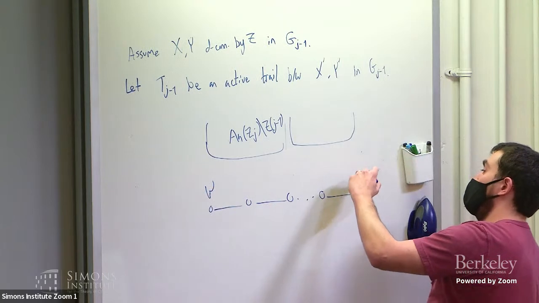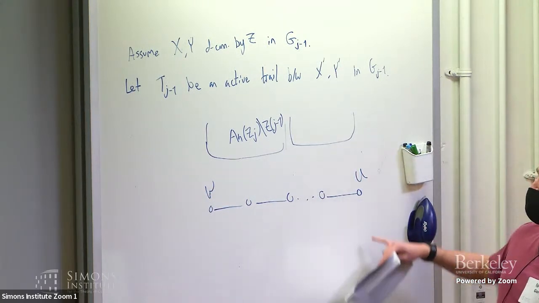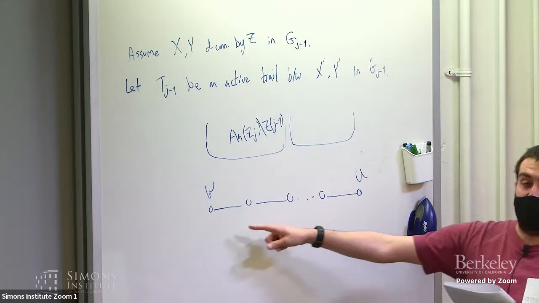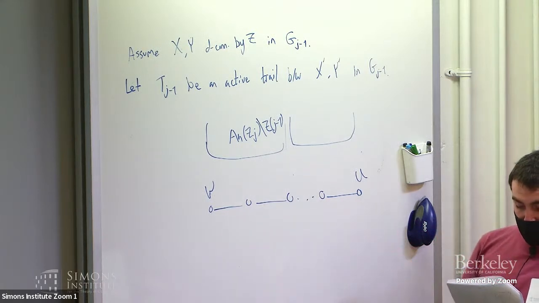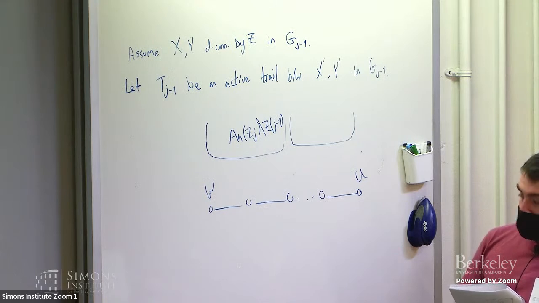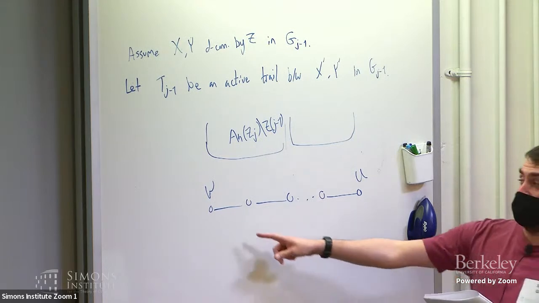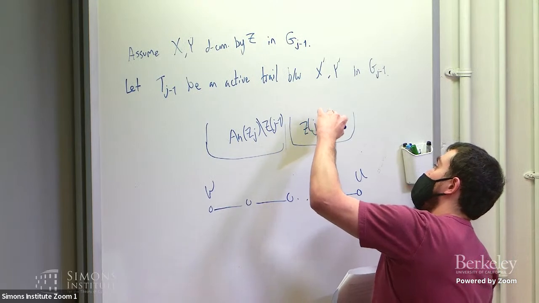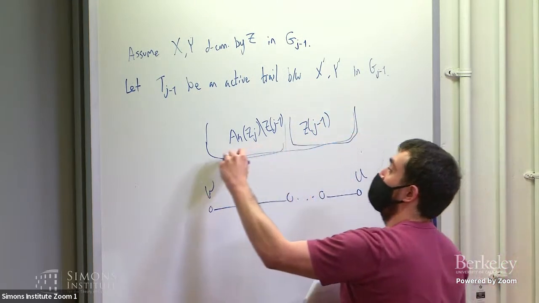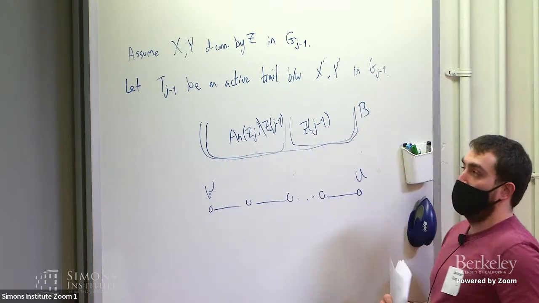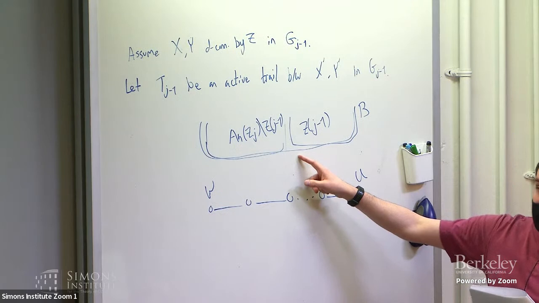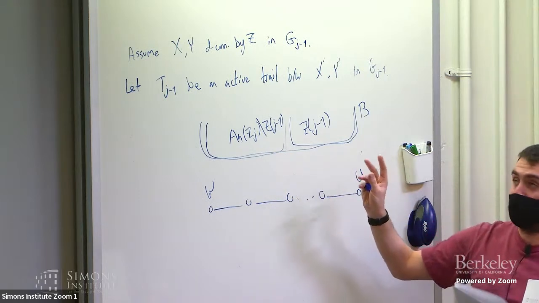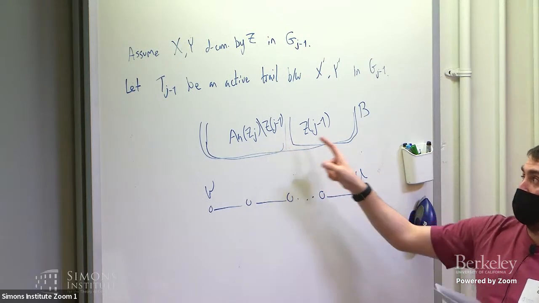So if this is W and this is U, and U here does not mean hidden variable, it's just a name other than X, Y, or Z. If this is W and this is U, and these are the endpoints of the segment that goes through the ancestors, well, the first thing to observe is there are no edges entering this set, or sorry, by this set, I mean this union, I'll call B. There are no edges in GJ minus 1 entering this set because it's closed under ancestors, because the only ancestors of ZJ are either here or here.